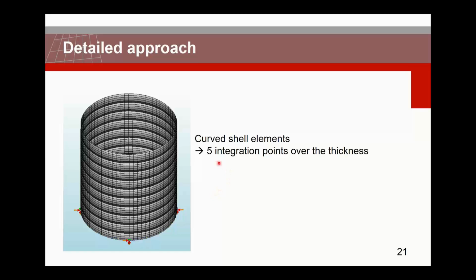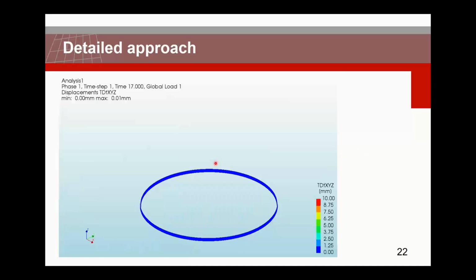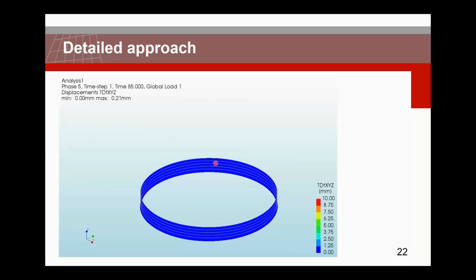And also we can choose the number of integration points over the thickness to describe the buckling. In this case, I chose 5, which is a little bit on the low side, maybe. 7 is also okay. But in this case, I used 5.